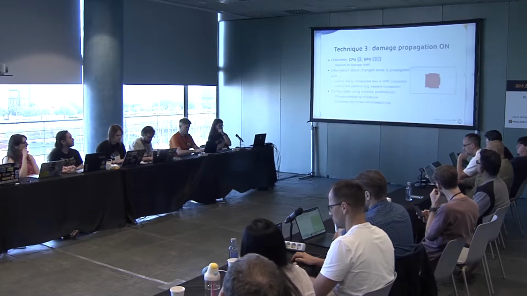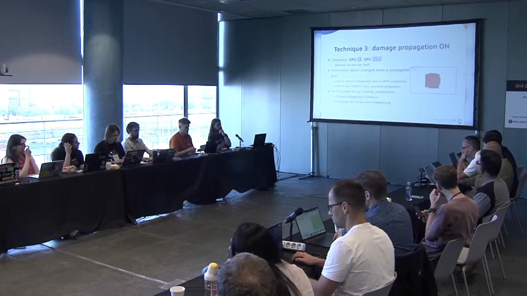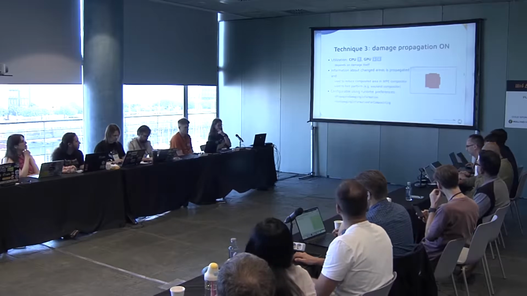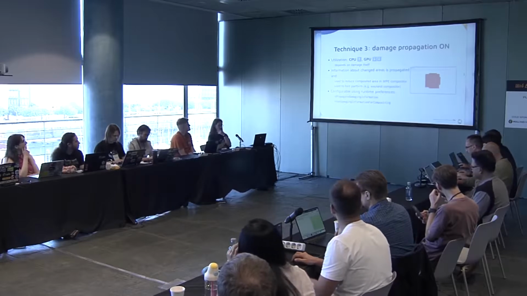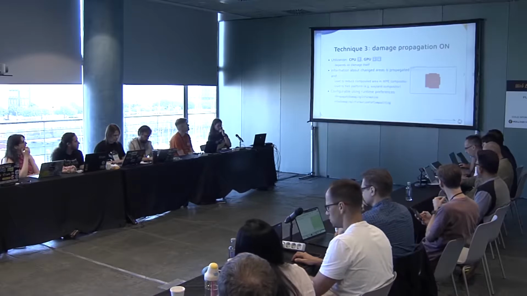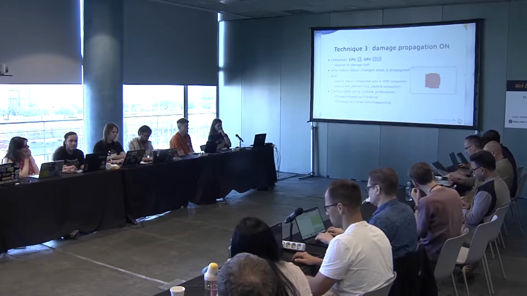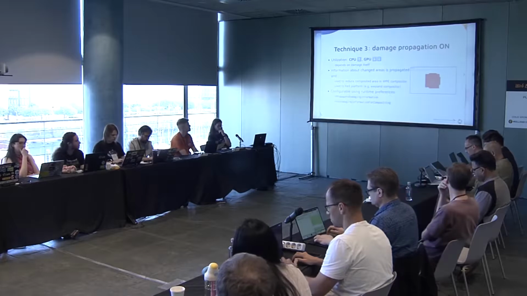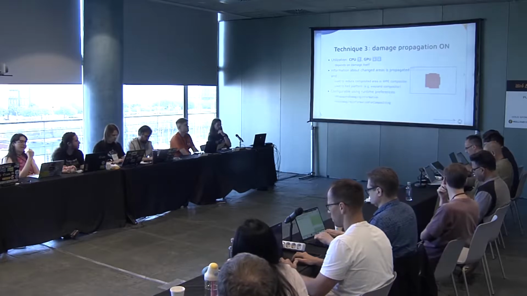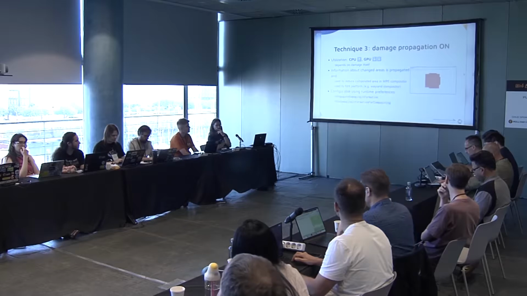Another technique is enabling damage propagation. In WPE, this is disabled by default. So basically, using the runtime preferences, you can enable this. And the damage is basically information from the browser. What changed? What areas of the viewport changed during a certain frame? And the idea is that with damage propagation enabled, the WPE engine will send the information about the changed area along with the frame up to the platform.